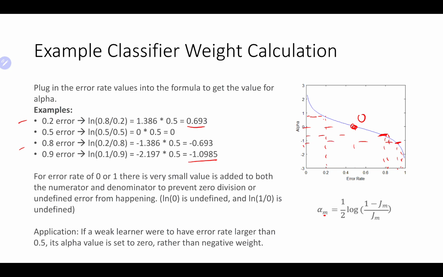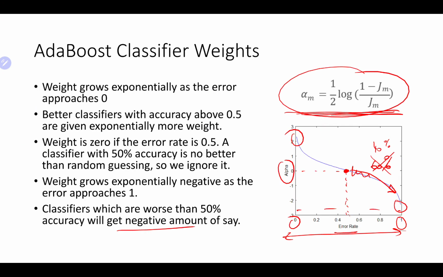So for an error rate of 0 or 1, a very small value is added to both the numerator and denominator to prevent a zero division or undefined error from happening, right? ln 0 is undefined, and 1 over 0 is undefined, and we would also probably get a division by 0 error based on this formula.